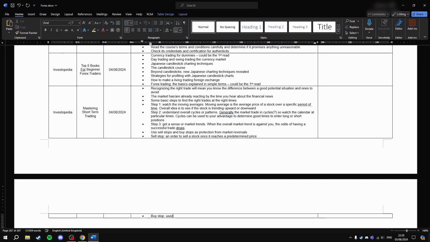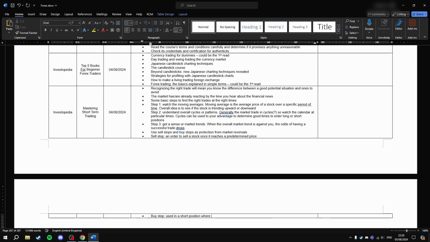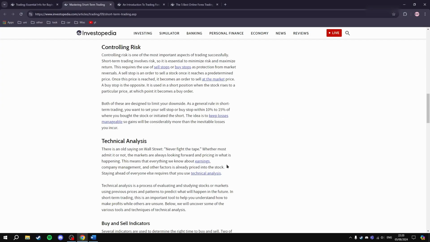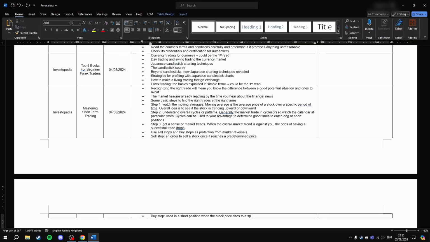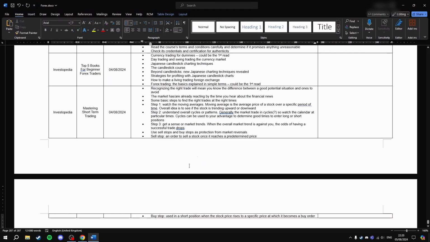So use it in a short position, when the stock price rises to a specific price at which it becomes a buy order. A sell stop is used in a long position when the stock price drops to a specific price at which it becomes a sell order.